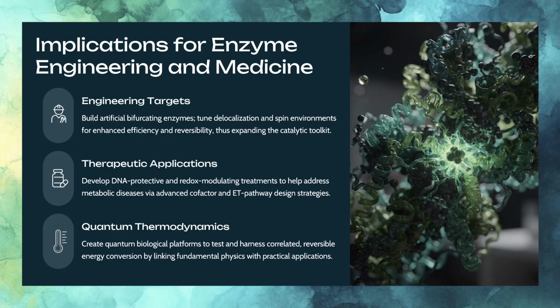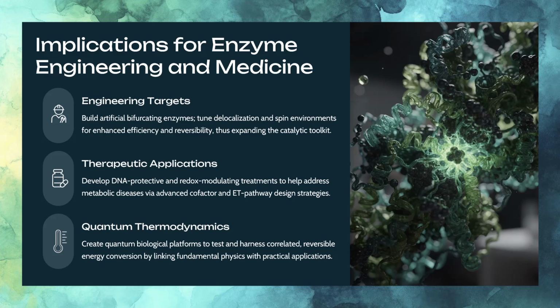This has, beyond, I think, tremendous industrial and agricultural applications. It presents many therapeutic and medical applications. For example, we might develop DNA protective or redox modulating treatments to help address various metabolic diseases, pernicious diseases like cancer and other forms of chronic illness.